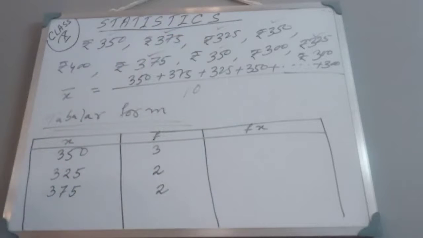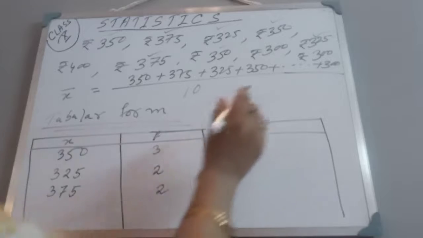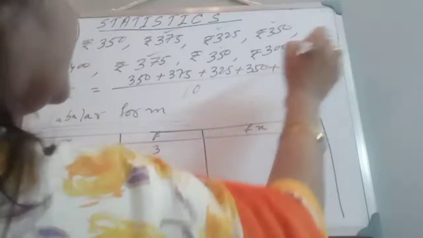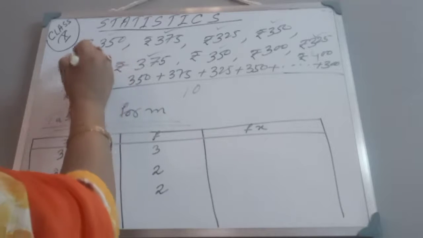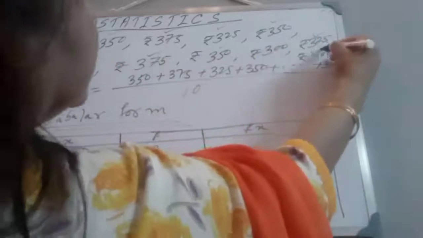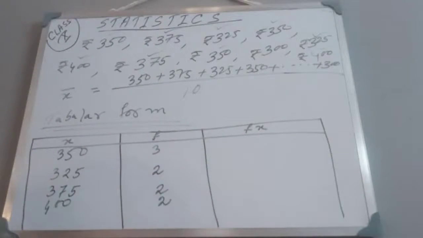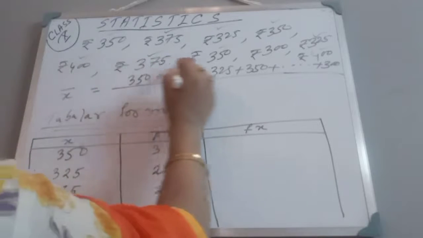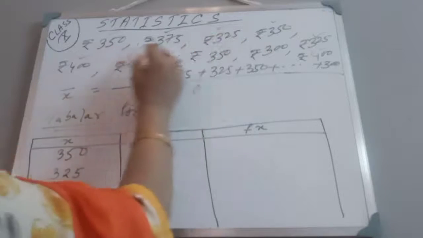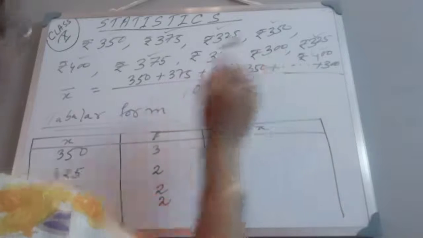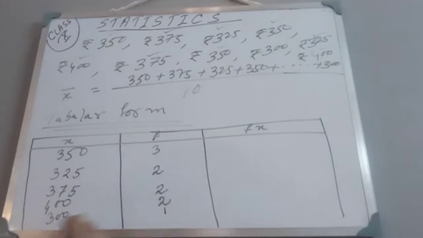Next is 400, here and here, so again two times. Next is 300, the least earning, only 1. So we write here 1.